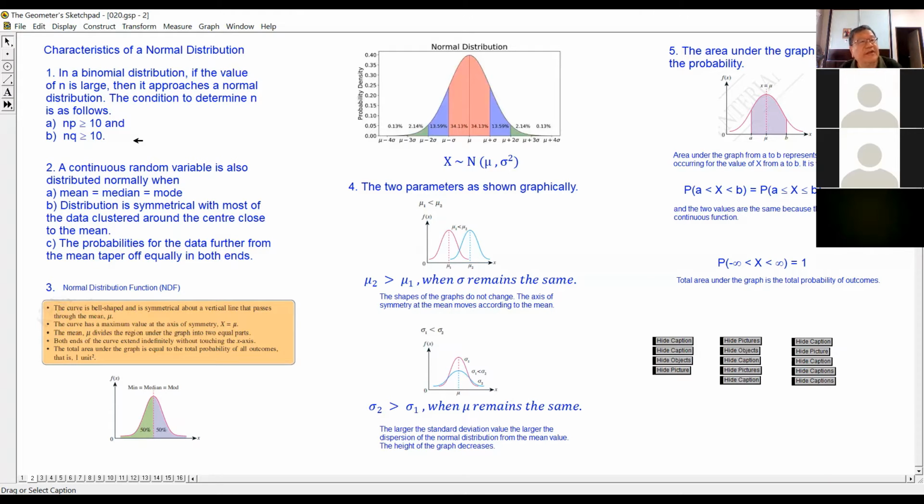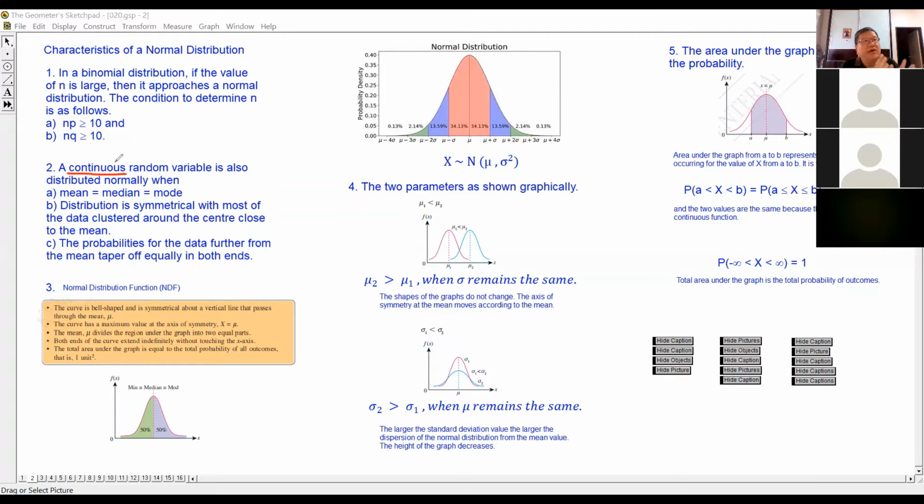The second characteristic that you need to know is that in this normal distribution, the variable is a continuous random variable. Unlike the binomial distribution, where the x values are discrete, one number, one number, one number, in a normal distribution it is from this number to another number.